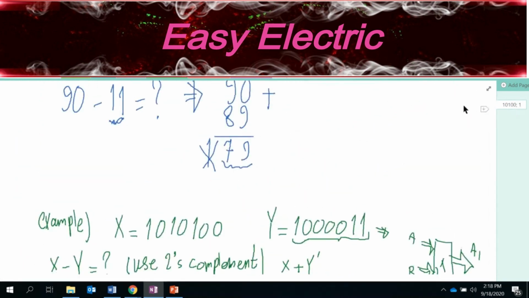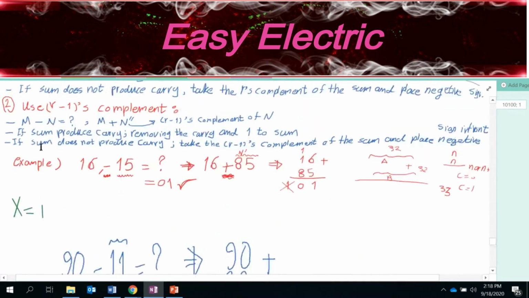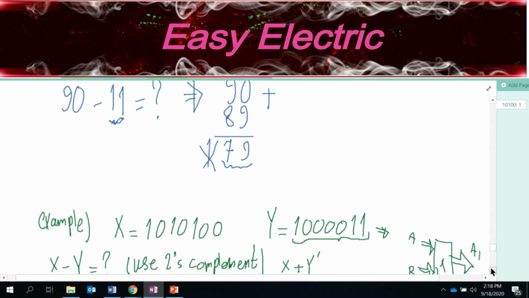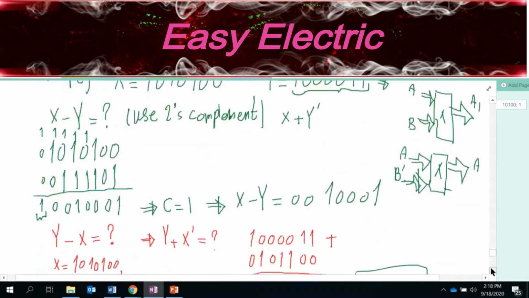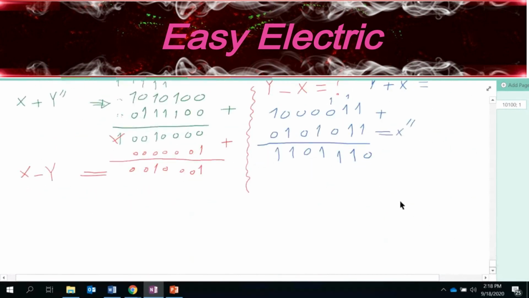Let's go back to our notes if you forgot what we need to do. If the sum carry is 0, take the r's complement of the sum and place the negative sign in front of that number. So back here, we need to take another r complement. So what is the r complement of the number that you see here?